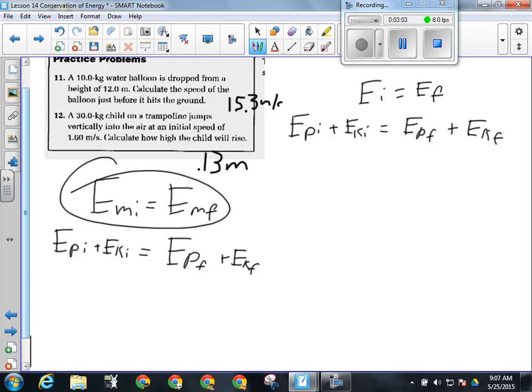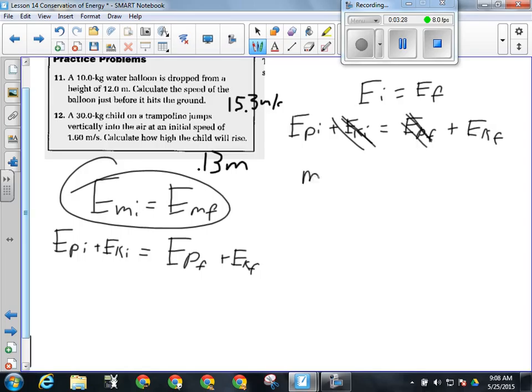At the beginning, the water beach ball is being held out the window, probably with 2 hands, and it's not moving, so it doesn't have any what? It doesn't have any kinetic energy initially, so we can get rid of that. And since the ending point for this question is on the ground, it doesn't have any what at the end? Any potential.